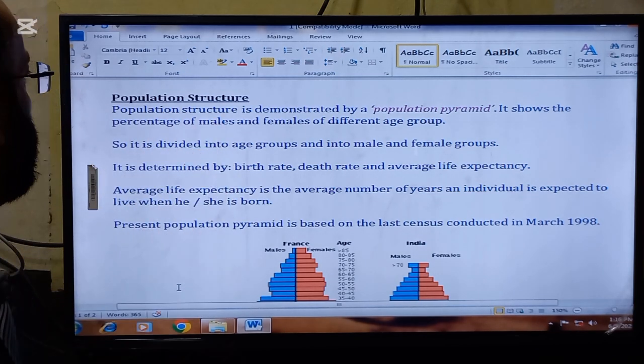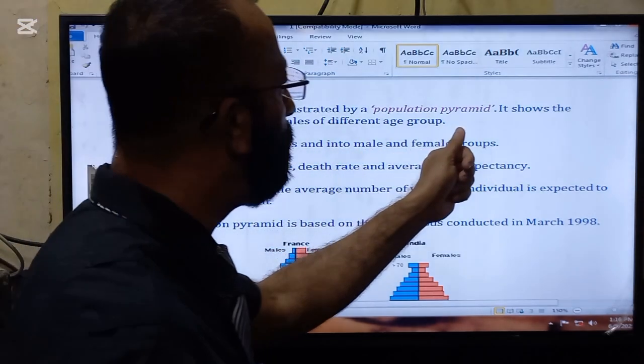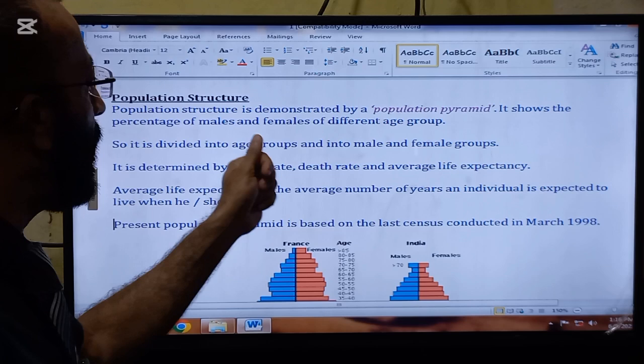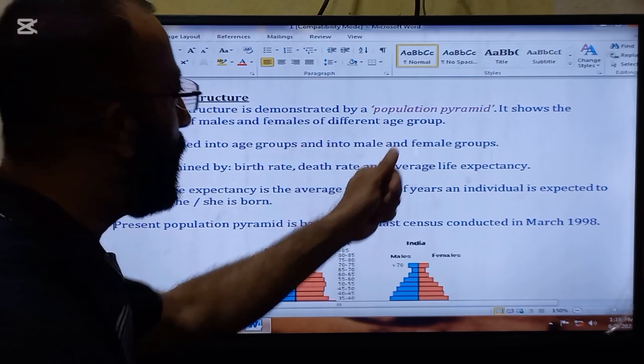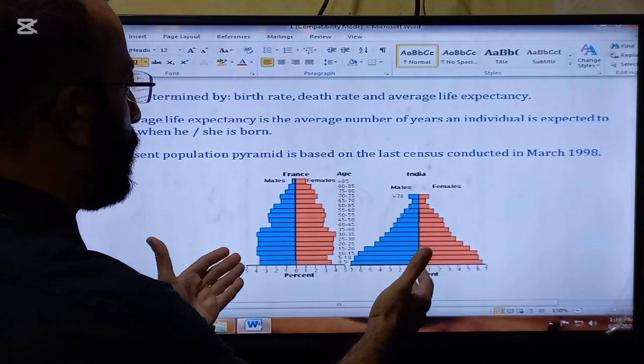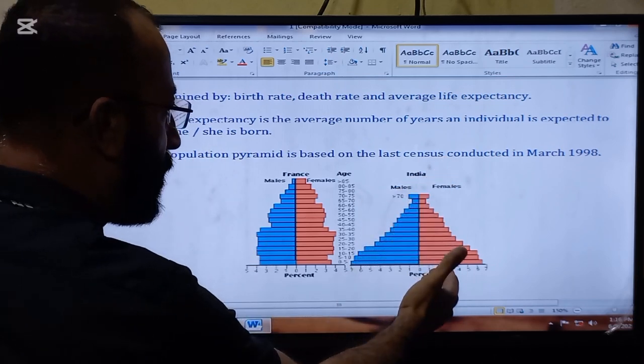Population structure. Population structure is demonstrated by a population pyramid. It shows the percentage of the males and females of different age groups. For example, here is the population structure that is shown by the pyramid. Here is the Indian population structure.